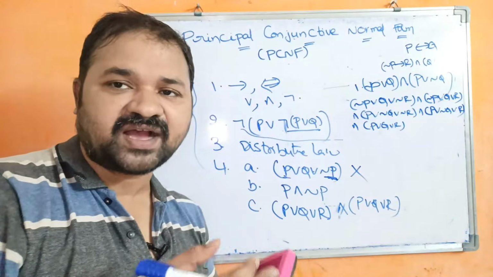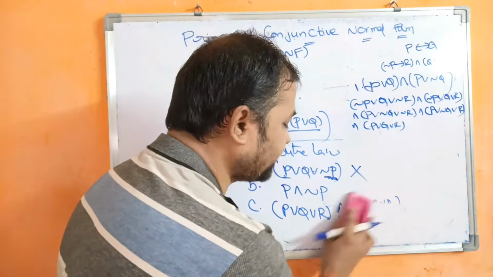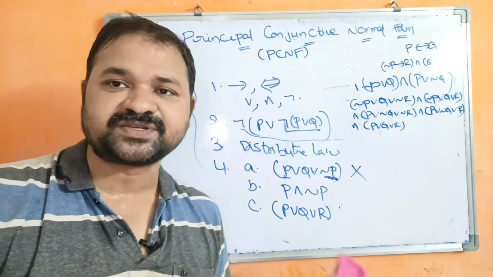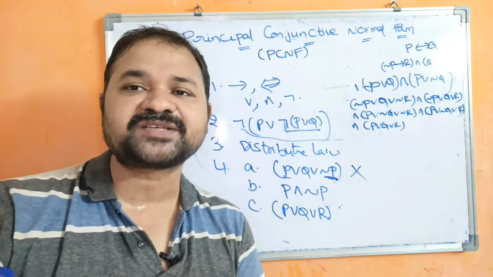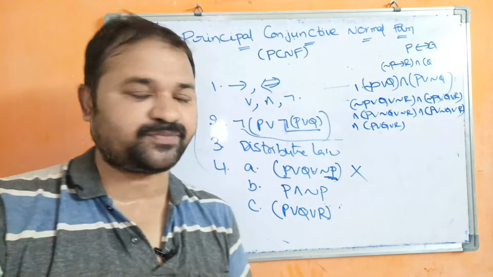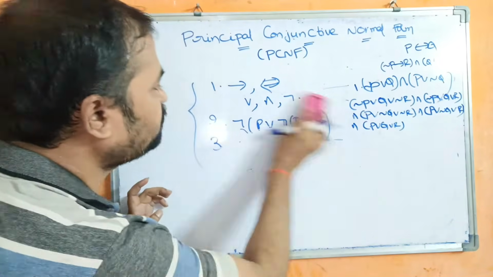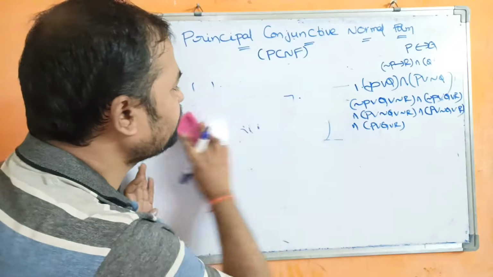On this occasion, we have to drop the repeated max term and write the max term only once. By following these steps, we have to find out the PCNF without using the truth table.